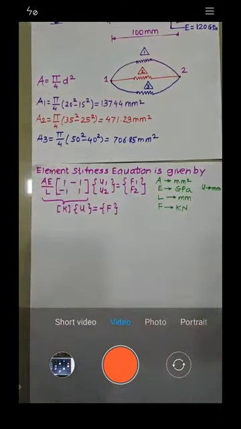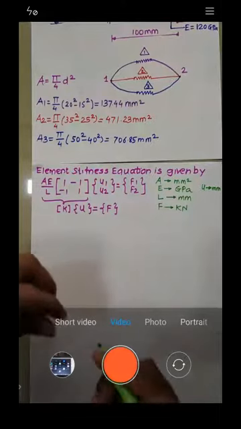If this is the case, then there is no unit conversion required.